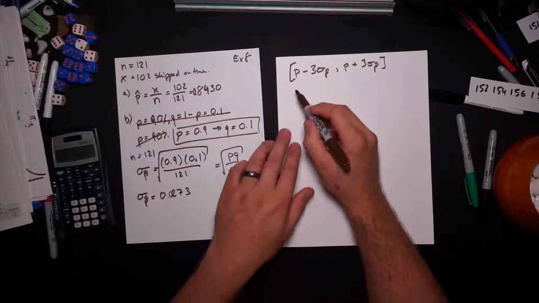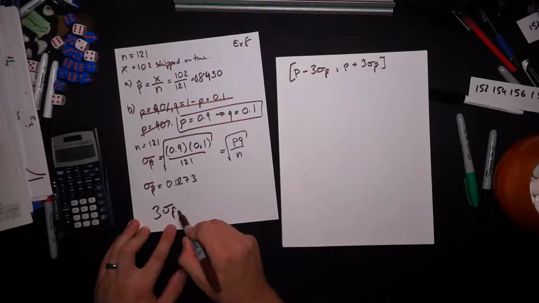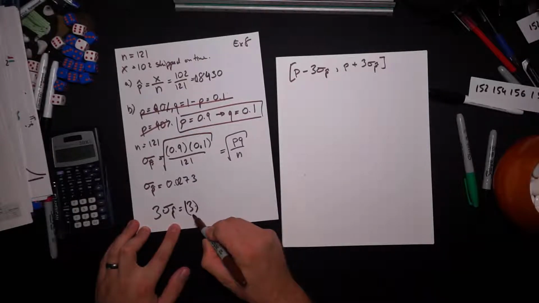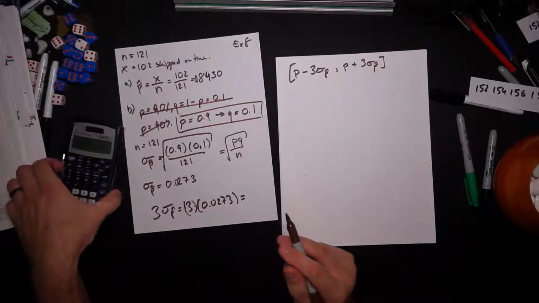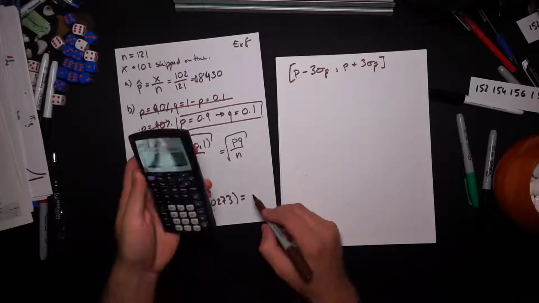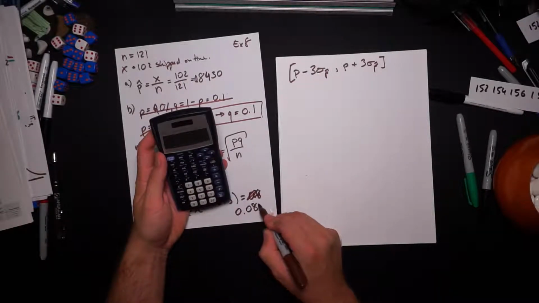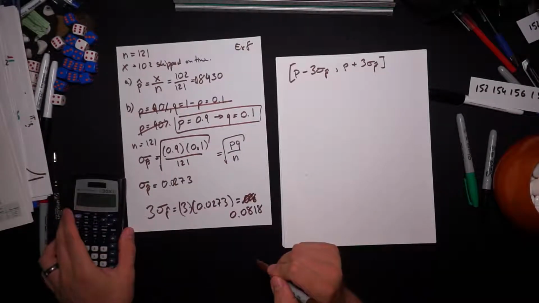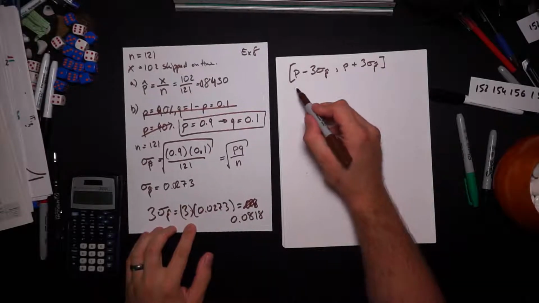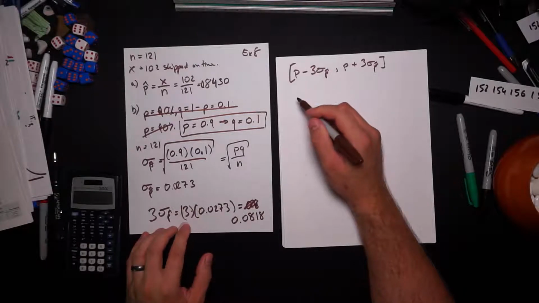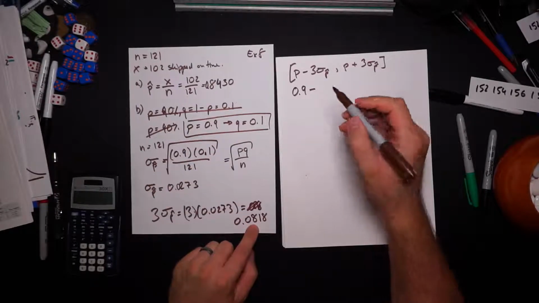So in our case, 3 sigma P hat equals 3 times 0.0273, and that equals 0.0818. We assume P is 0.9, so this is 0.9 minus this.